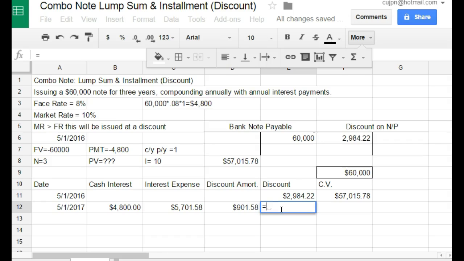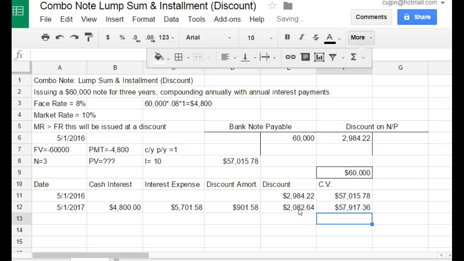So now this balance is going to hold that minus whatever change I made to the discount account, and I'm going to have a new balance there. And remember, the carrying value is going to be the face value of the note, 60, minus whatever's in the discount account. So now I get $57,917.36.